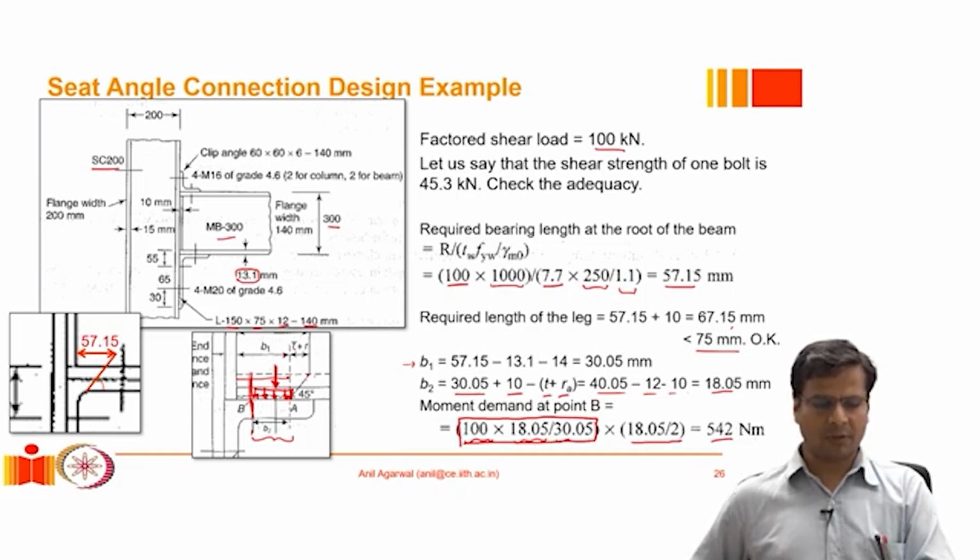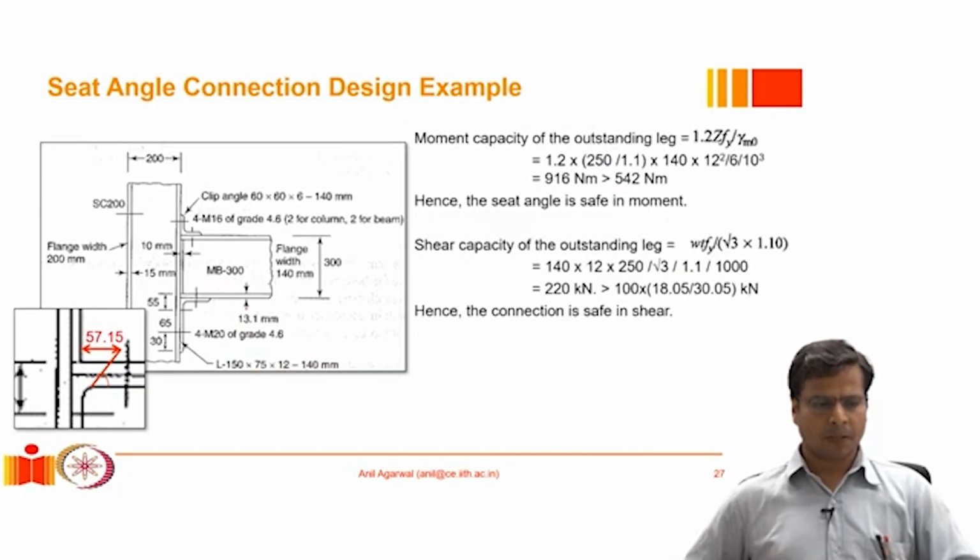Okay. So now we have calculated the moment demand at the critical interface and the shear force demand at the critical interface. We can calculate the capacity of the critical interface. So that critical section here in this beam, in this angle, can be considered to have a moment capacity of 1.2 times Z times Fy divided by gamma m0. What is the reason for 1.2?